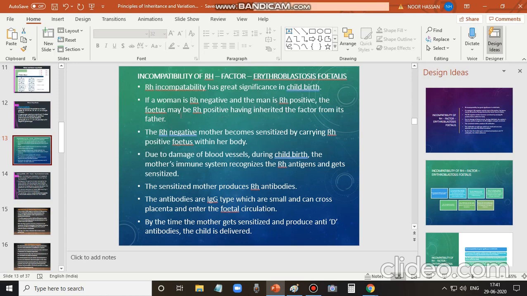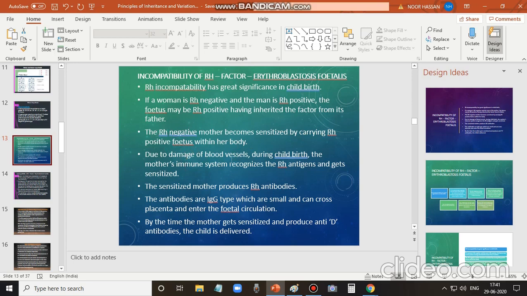So mother is RH negative and the fetus is RH positive. What happens is, the RH negative mother becomes sensitized by carrying an RH positive fetus within her body. So both are different. The mother's blood group is RH negative, the fetus is RH positive.